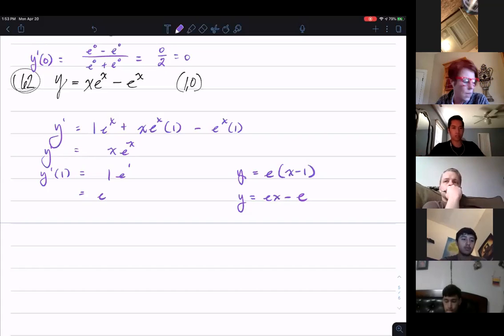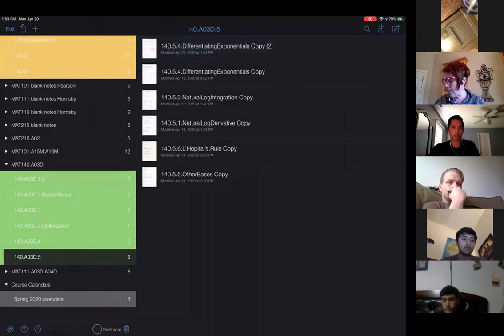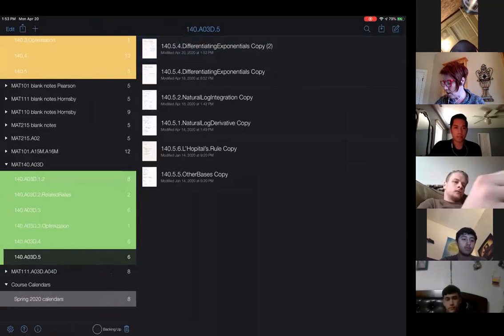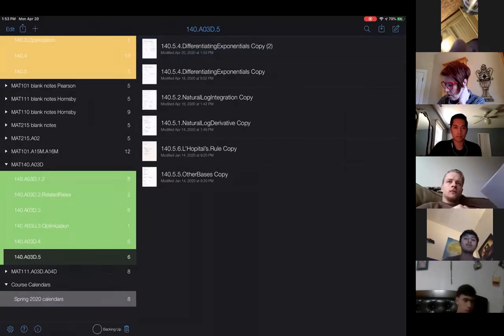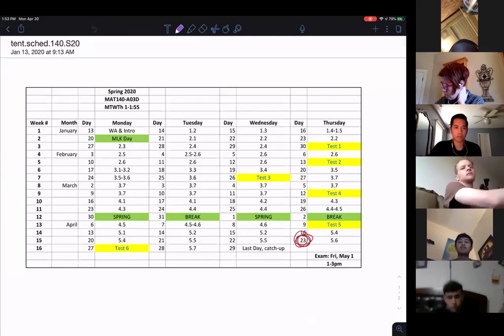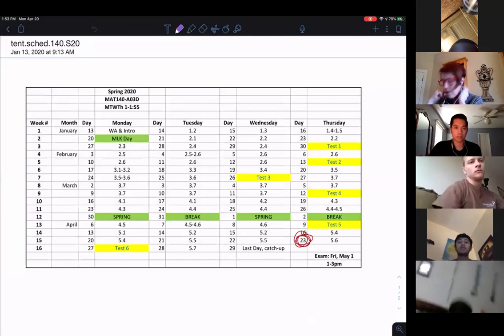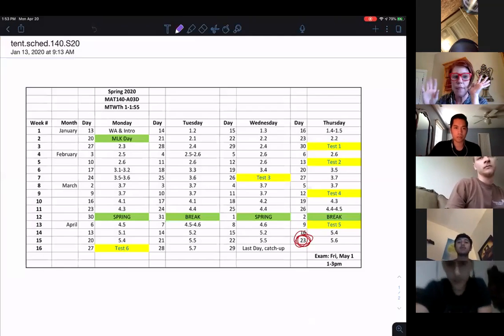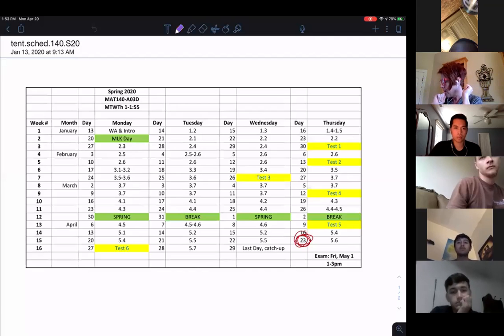Trying to think, 5.6 might not actually even be on the test. I think it's only on the final exam. Let me check. There is no 5.7, that I know for sure. If we get 5.6 done, I'll put it on the test. I'll add a question to the test. If we don't get 5.6 done, I'll put it on the exam.